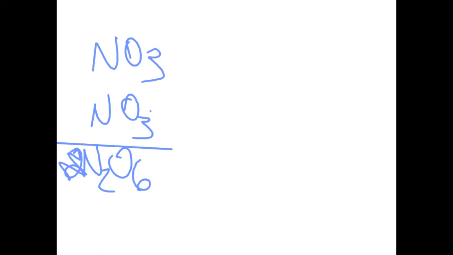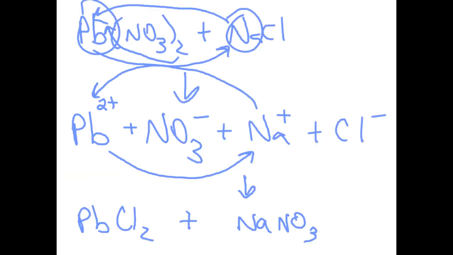Not because the formula of it is later written as N2O6. That's not how I write it. It's still an NO3. It's just an NO3. And NO3, it's a negatively charged polyatomic ion. Okay? So I have a lead, I have an NO3, I have a sodium, and I have a chlorine.